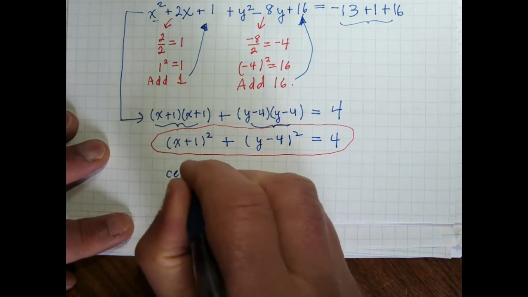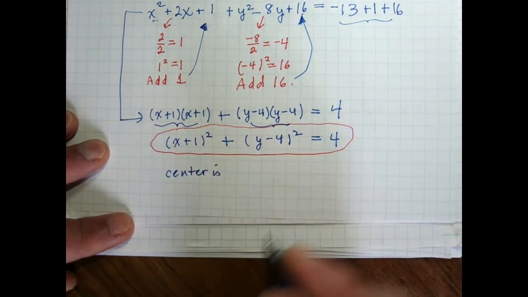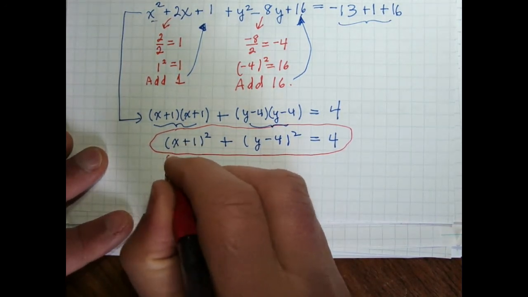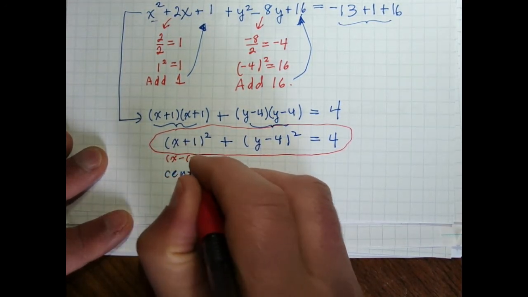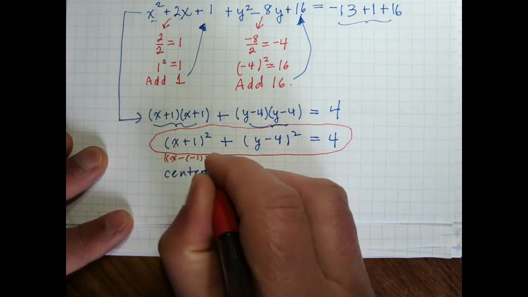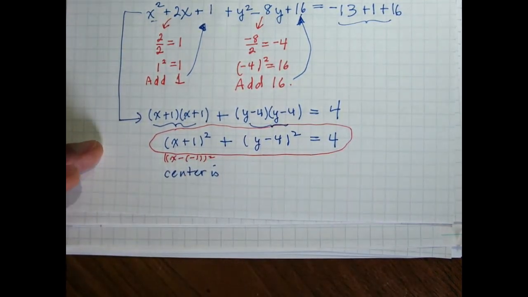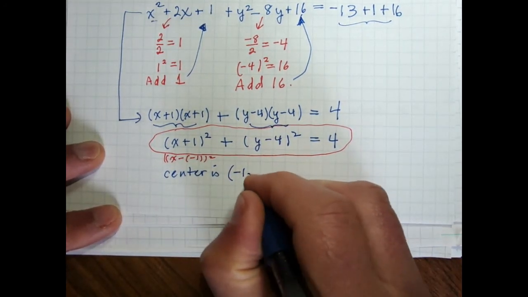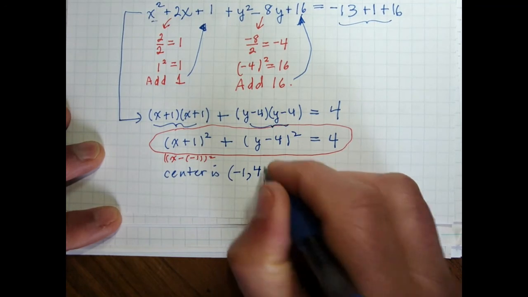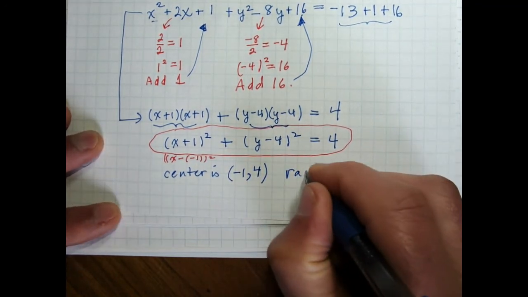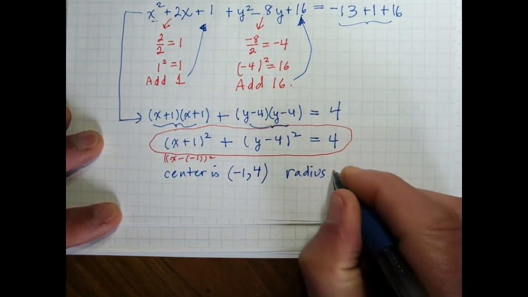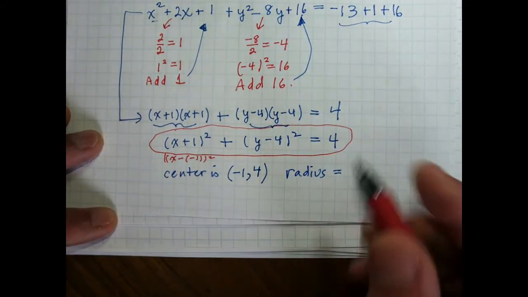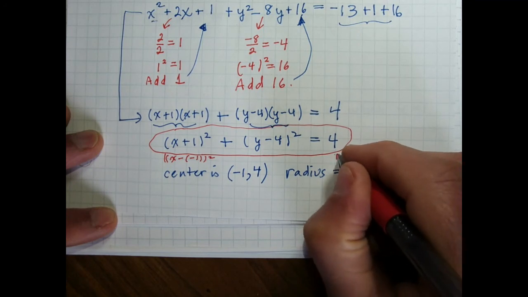The center is, now that x plus 1, to see the coordinate of the center, you got to think of that as x minus a negative 1 squared, right? So the center actually has x coordinate negative 1, y coordinate is 4, and the radius is going to be, so that 4 on the end, now remember that's r squared.